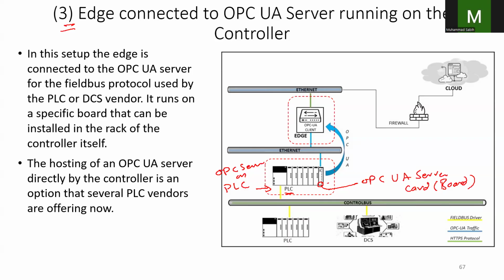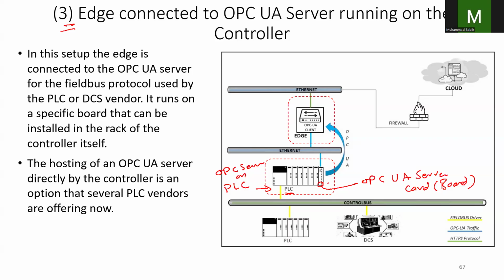This server can handle the field bus protocol used by that specific controller, and this is a growing trend. Many modern PLC vendors are natively offering OPC server support built into their hardware.